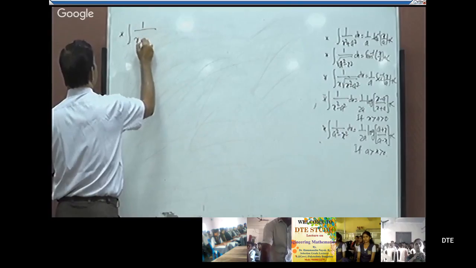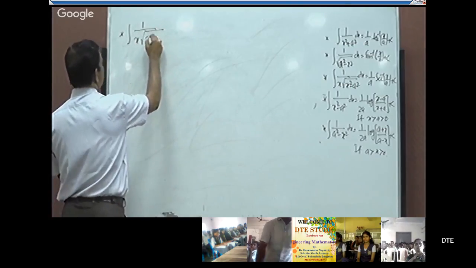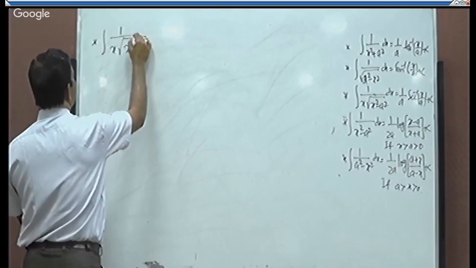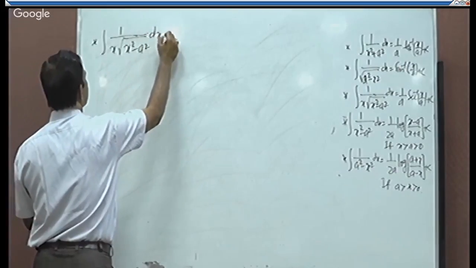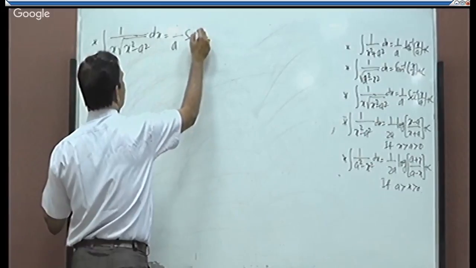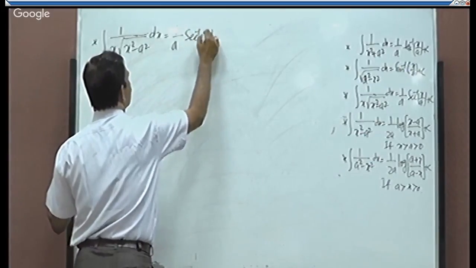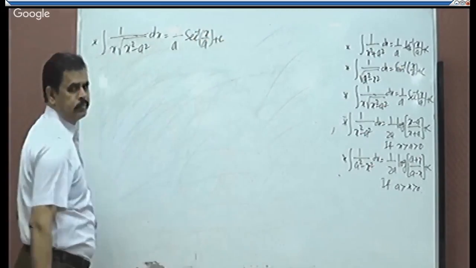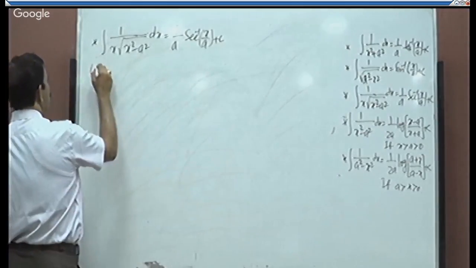The third equation is what? Integral of 1 divided by x into root of x square minus a square into dx is equal to 1 by a into secant inverse of x by a plus c. Take the left hand side. What is the left hand side?